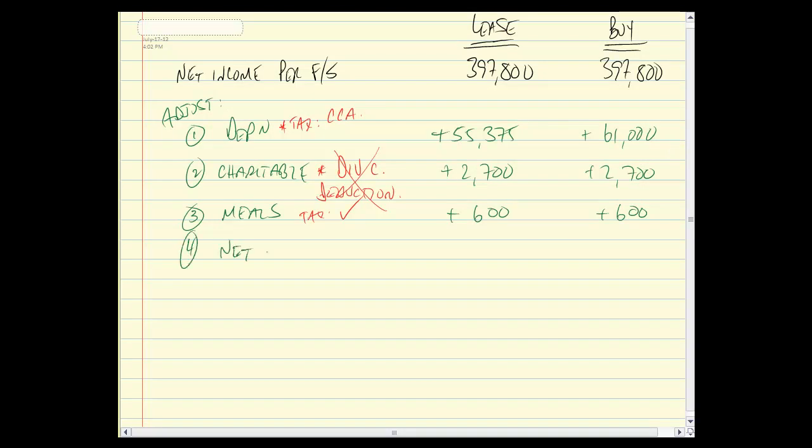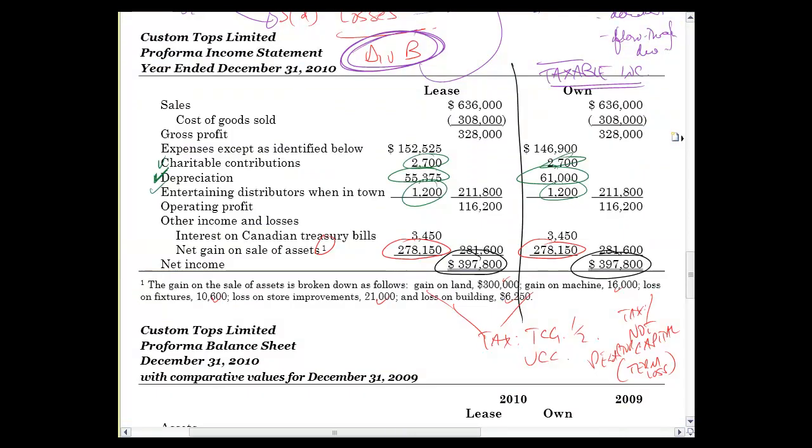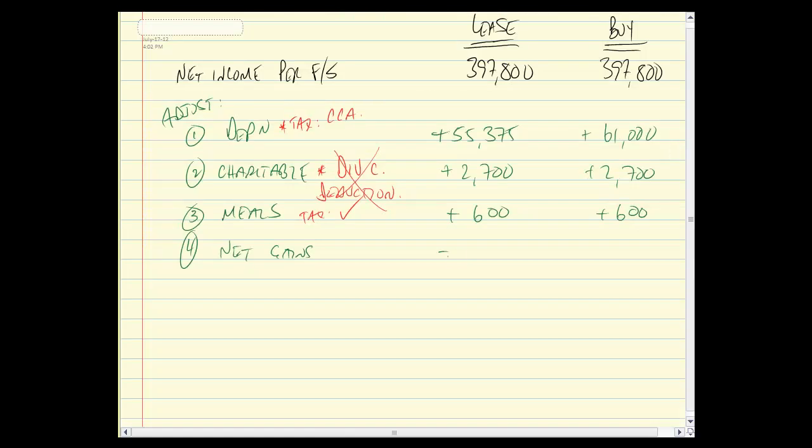So the net gains have to be subtracted, and they are 278,150. Okay, so now, what does tax do with these things? Well, we just talked about it, right? We have taxable capital gains, we have terminal losses, we have recapture.